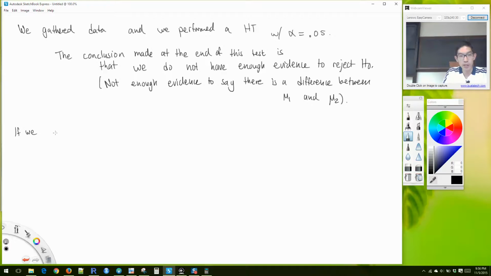If we did the exact same test with the same data, but had used alpha equal to 0.10 instead, what would have happened? Or what conclusion would we have made?